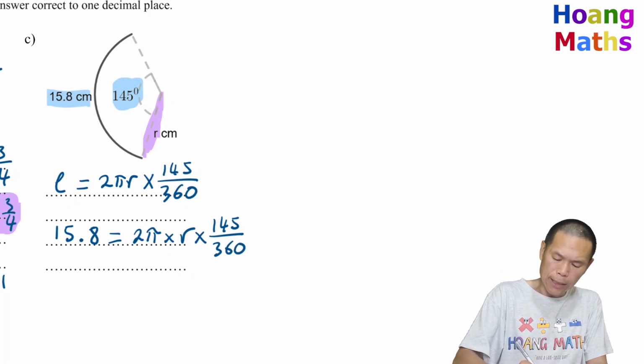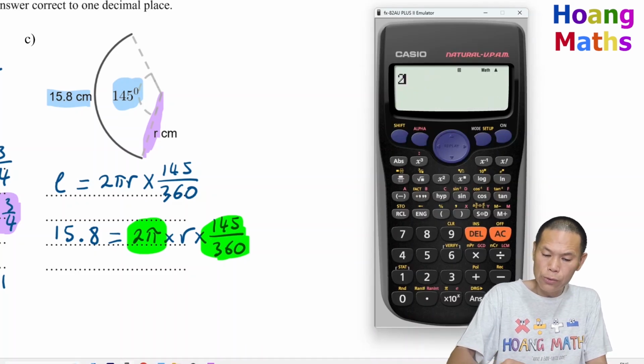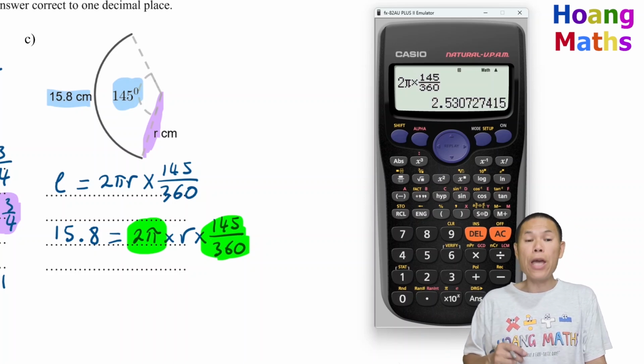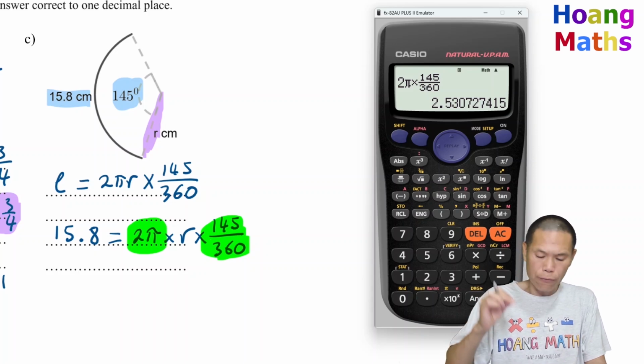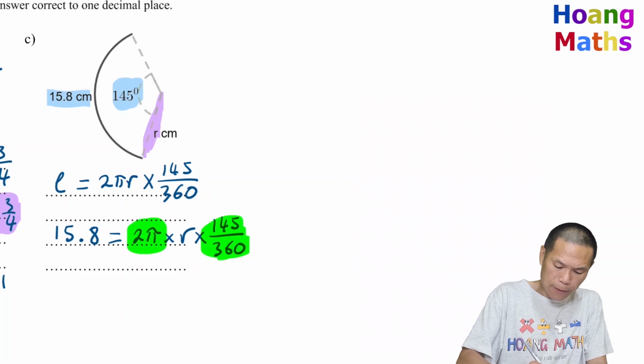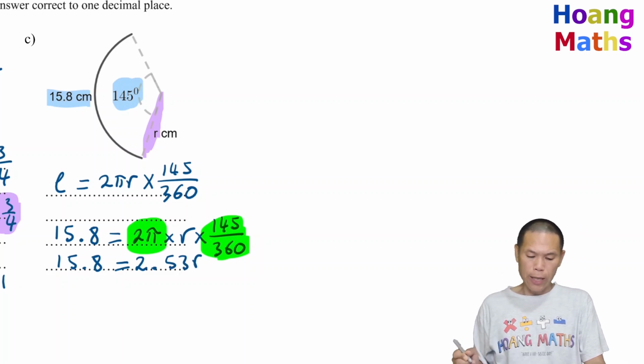So we just go 2 pi times 145 divided by 360 first. So there you go, 2.53 for now. So 15.8 is 2.53 times the radius, so that is r.